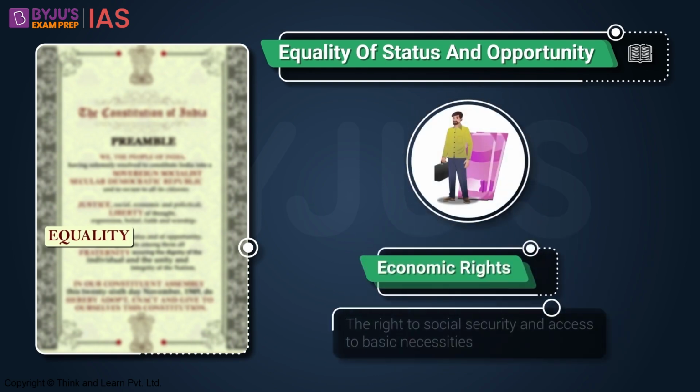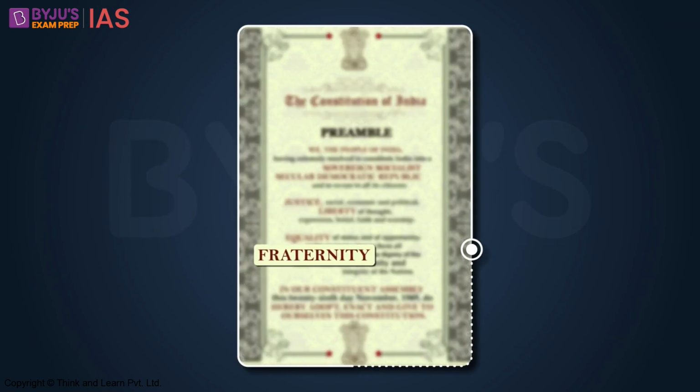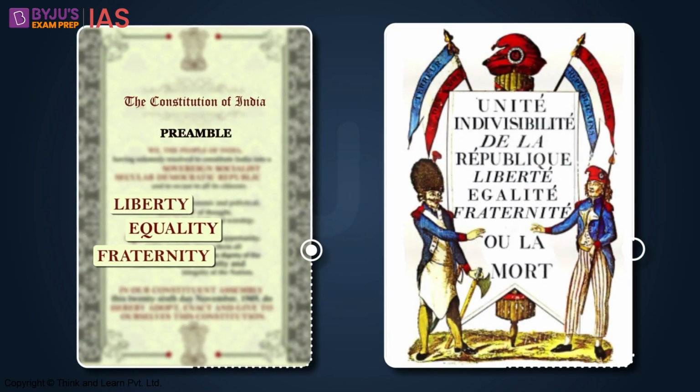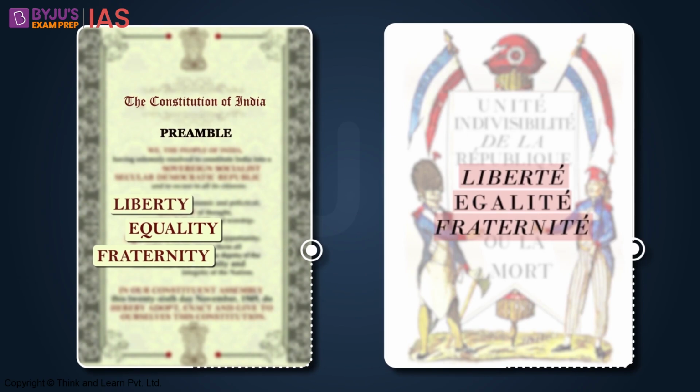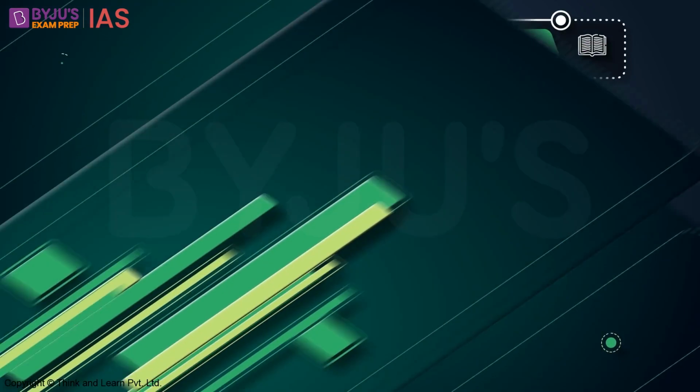Economic rights, that is the right to social security and access to basic necessities. Last comes the ideal of fraternity. The ideals of liberty, equality, and fraternity have been borrowed from the French Constitution. The Constitution promotes this feeling of fraternity by the system of single citizenship and fundamental duties.